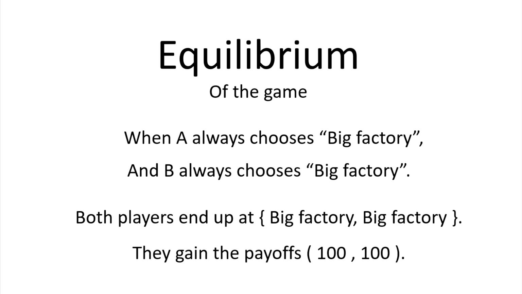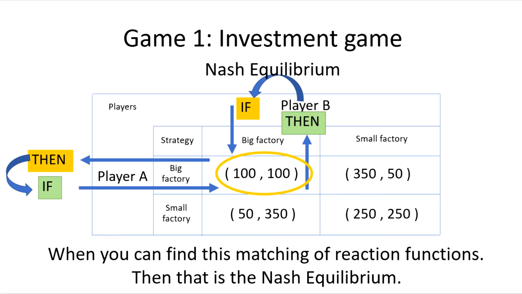The reality is that we have a big factory and big factory because this is the highest rational choice. So it is possible to happen because it is not just because of you. It's because of another player, your opponents, or your teammates, or your friends.